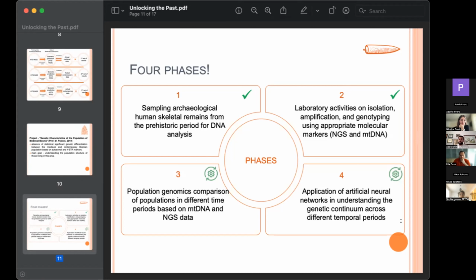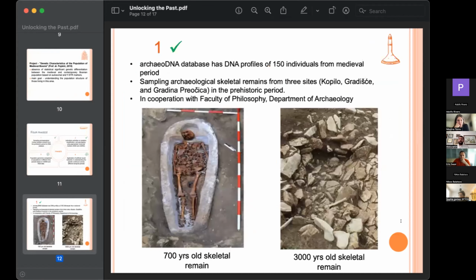The third and fourth phases are currently underway, where we'll be performing population genomic comparison between these 3 populations, and finally applying the artificial neural network in understanding that genetic continuity across different historical periods.